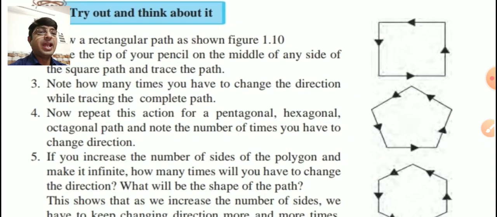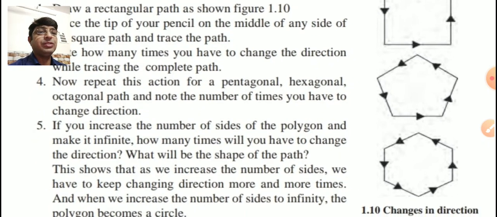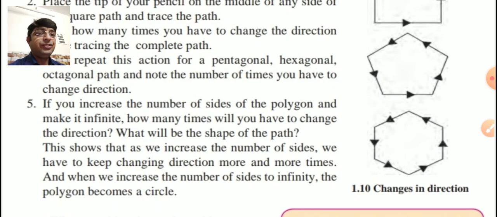Now repeat this action for a pentagonal, hexagonal, octagonal path and note the number of times you have to change direction. If you increase the number of sides of the polygon, meaning a many sided figure, and make it infinite, how many times will you have to change the direction and what will be the shape of the path?